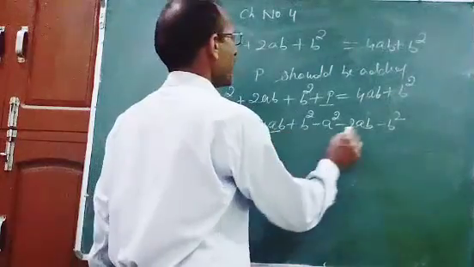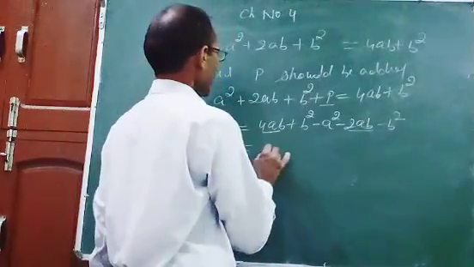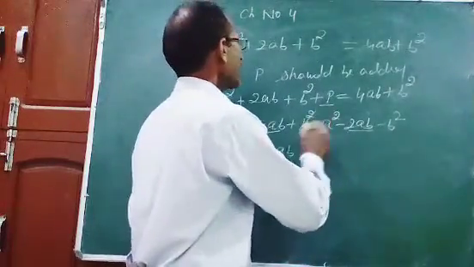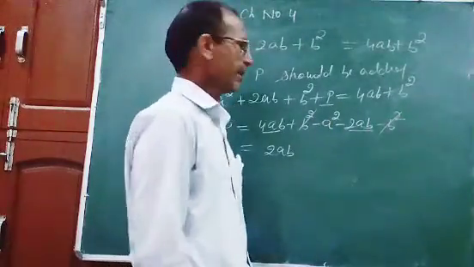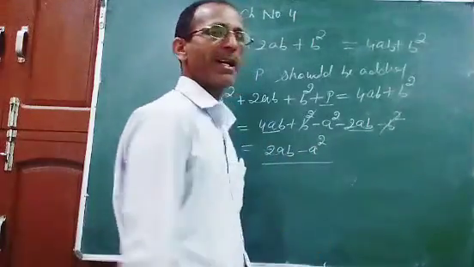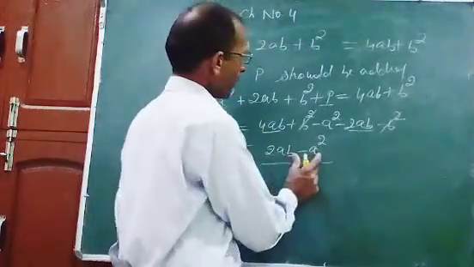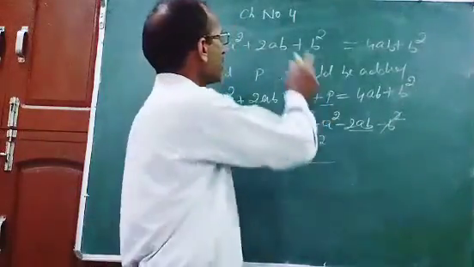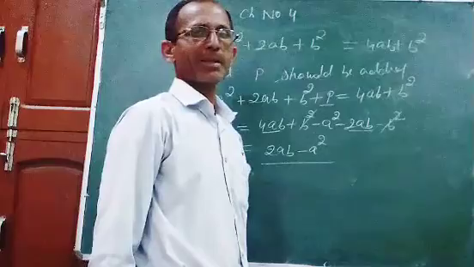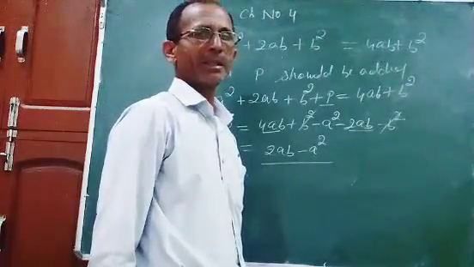So plus 4ab minus 2ab, 2ab. Plus b square and minus b square cancel. So 2ab minus a square is the answer. So 2ab minus a square should be added to this to get 4ab plus b square. Understood? Any doubt? Okay.